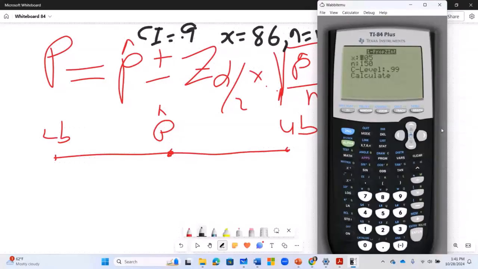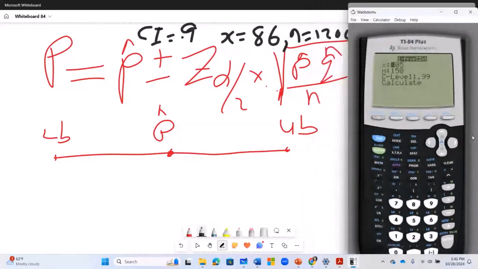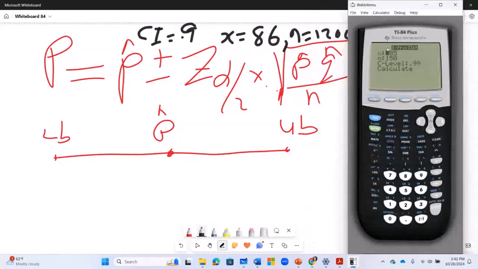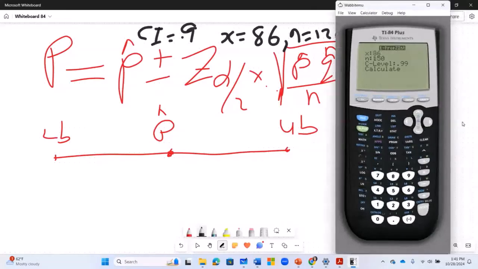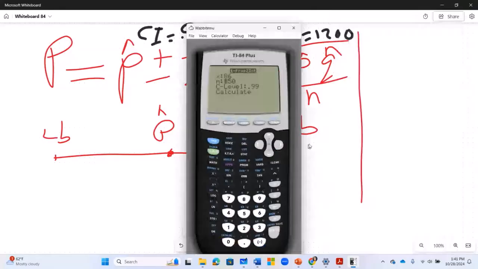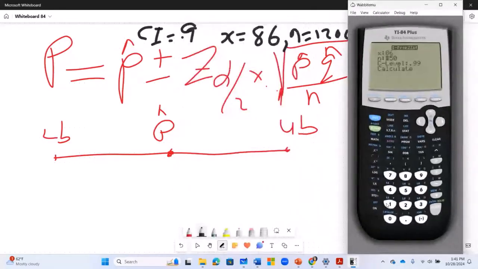What is the x given to me in this question? 860, so I'll put that in there. The sample size given to me is 1200. And the confidence level given to me is 0.9. And then I'm going to calculate.